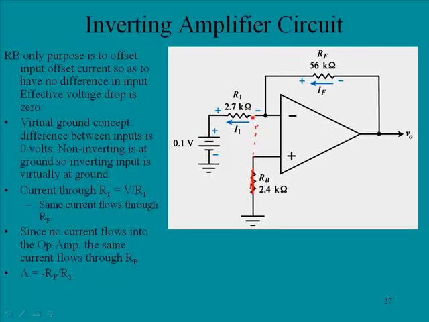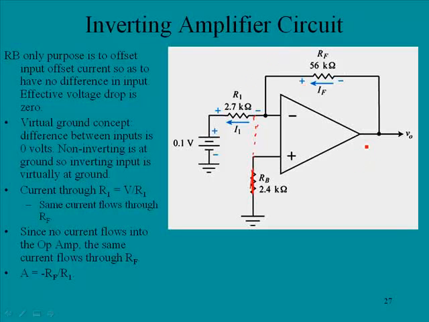We could calculate the current that will flow through here, and since no current flows into the op amp, that same current will flow through RF. And we can calculate the output voltage that way, and we will in just a moment. And here is our gain ratio.